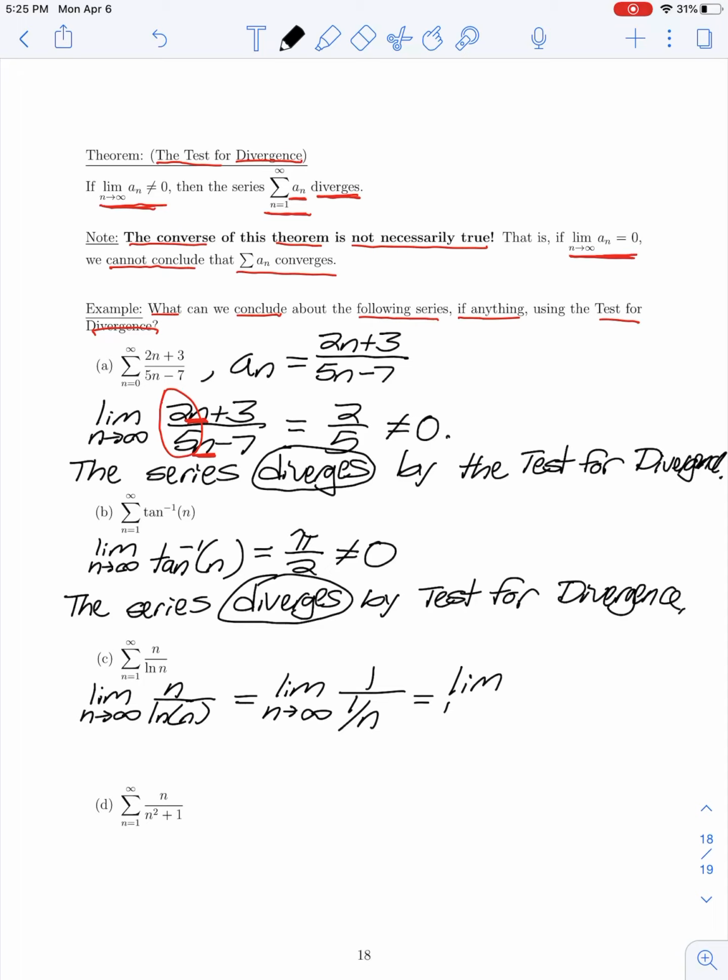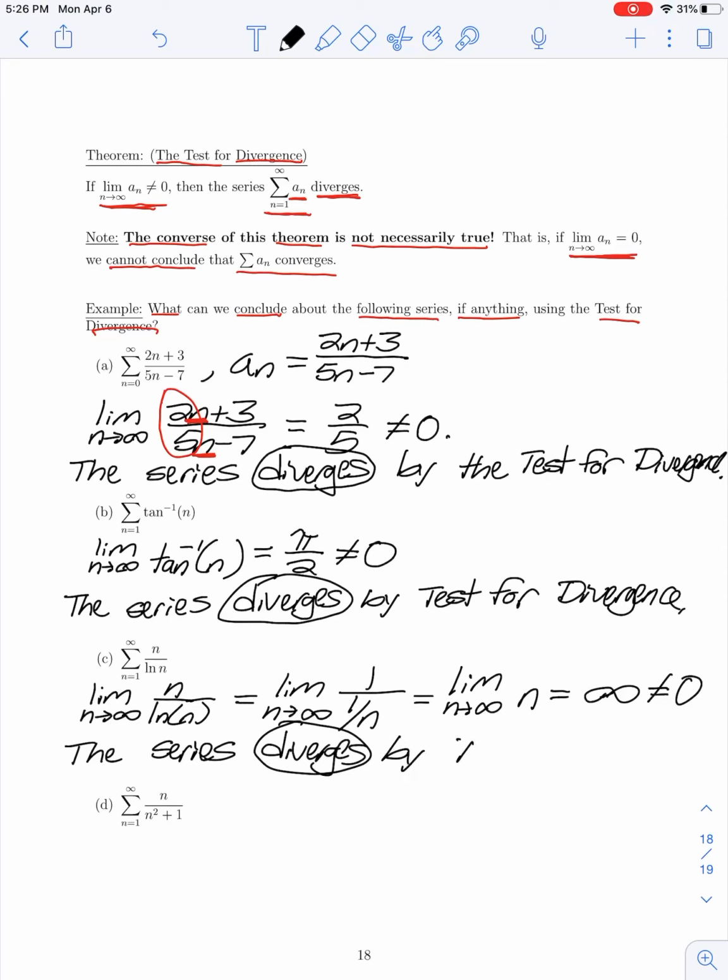So this would be the limit as n approaches infinity of n, which does not exist. The values diverge towards infinity. So if we have any limit other than 0, that means that the series diverges by this test for divergence.